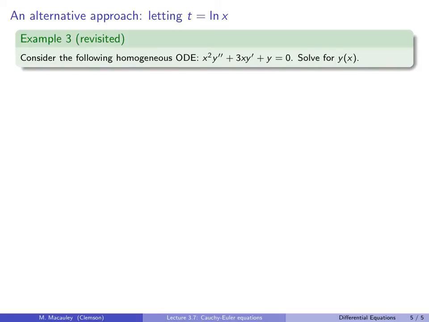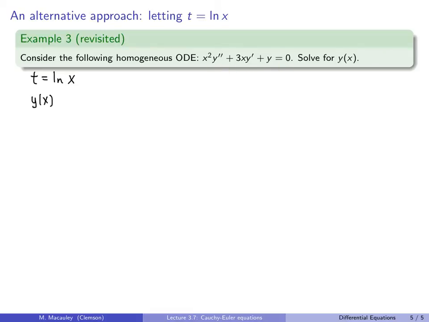What we're going to do is a simple variable substitution. When we change variables, this variable coefficient equation is going to turn into a standard constant coefficient equation, which we know how to deal with. So here's the substitution. We're going to let t be equal to the natural log of x. Now, instead of thinking of y of x as a function of x, I want to think of it as a function of t.